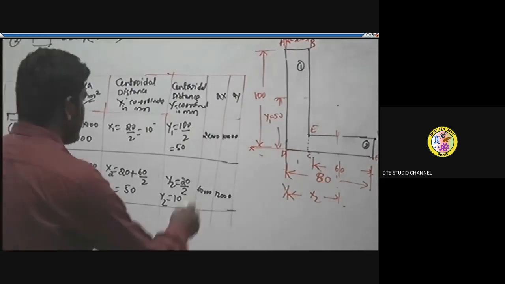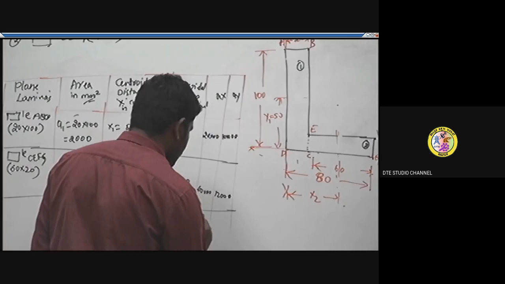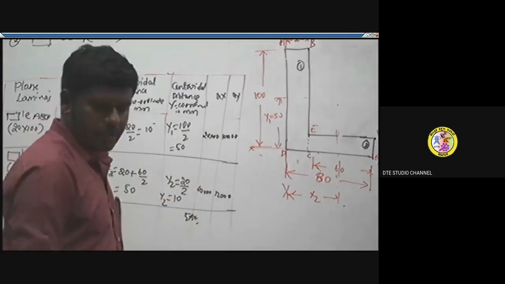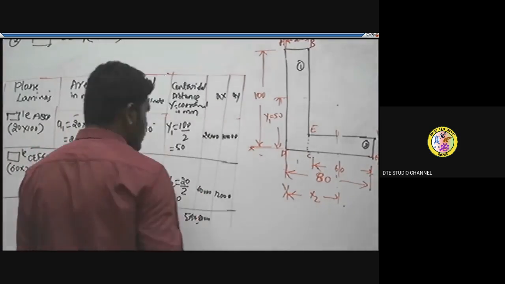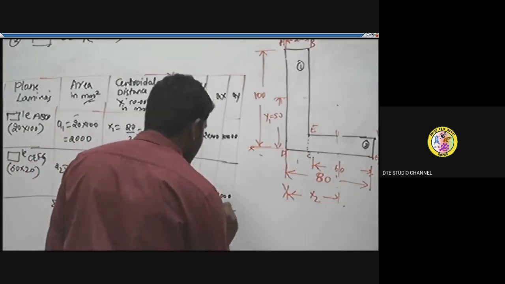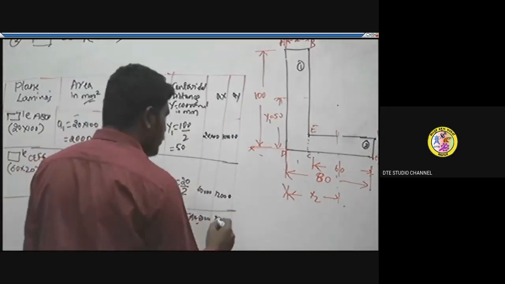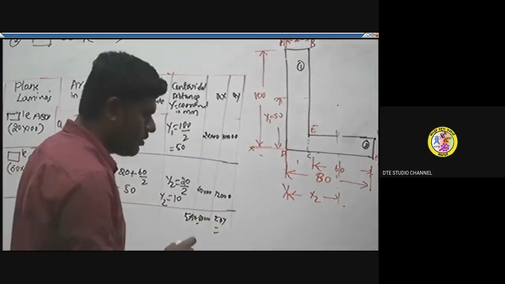Next we need these summations. Sigma of A into X is equal to 60,000 plus 20,000, which is 80,000. Similarly, the summation of A into Y, the product of area and y coordinate distance, is 12,000 plus 1 lakh, which is 1 lakh 12,000.